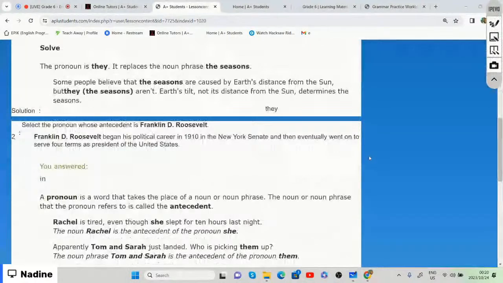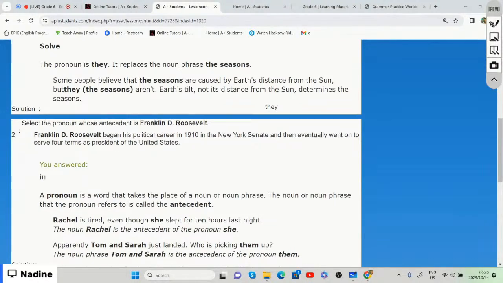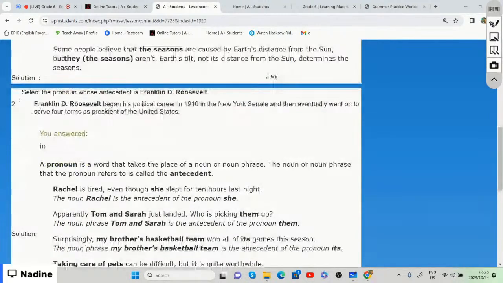So we need to select the pronoun whose antecedent is Franklin D. Roosevelt. Franklin D. Roosevelt began his political career in 1910 in the New York Senate and then eventually went on to serve 4 terms as President of the United States.